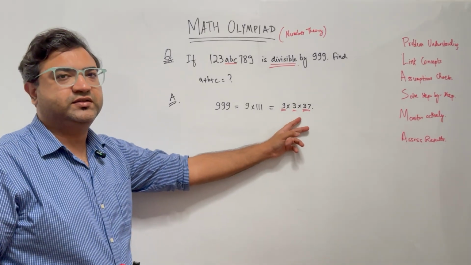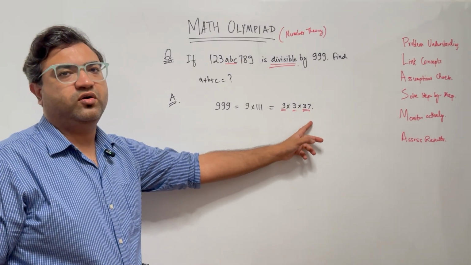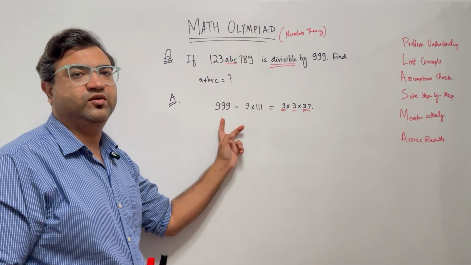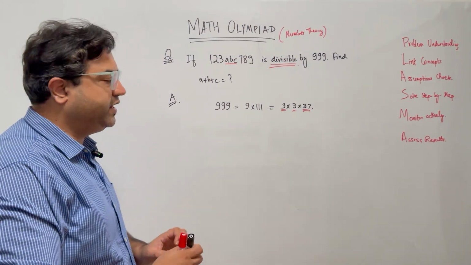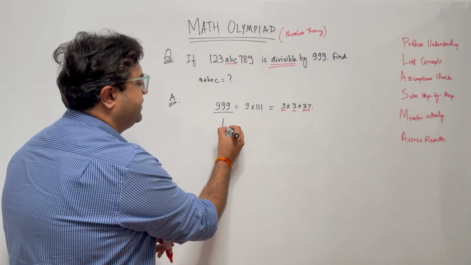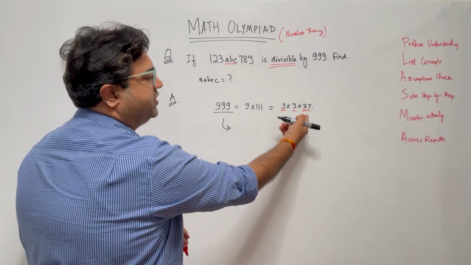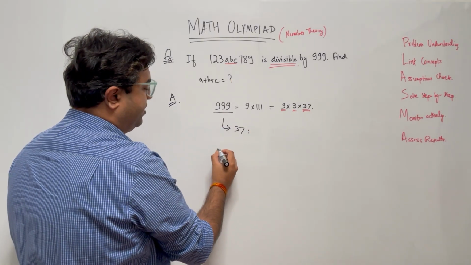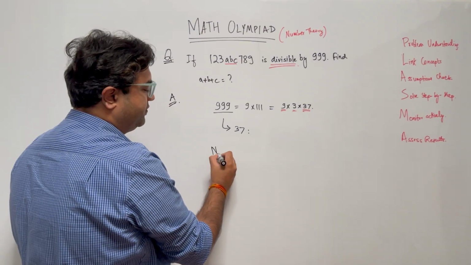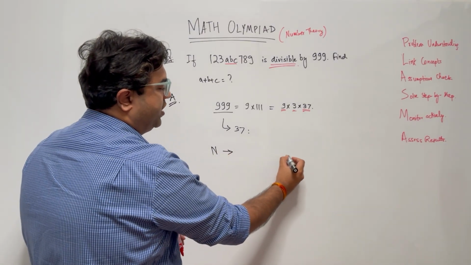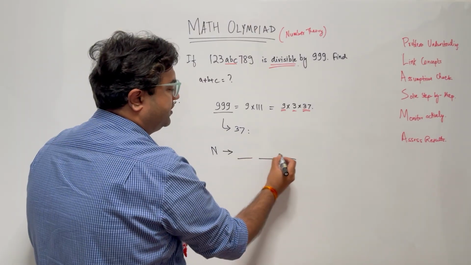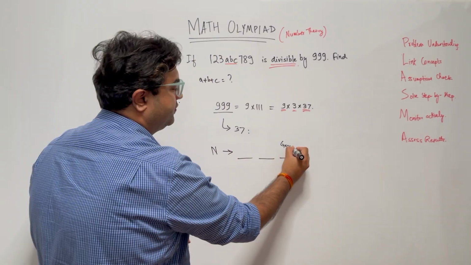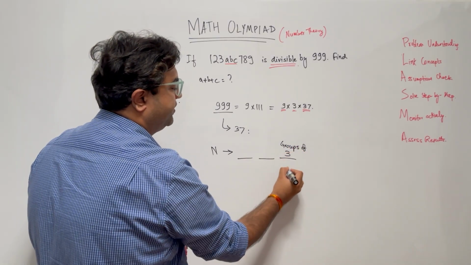That's where it gets interesting. The concept that we are using for 37 is the same concept that is used for 999 also. So the divisibility by 999 is very similar to the divisibility by 37, and that is: for any number n, we have to break it into groups of 3.